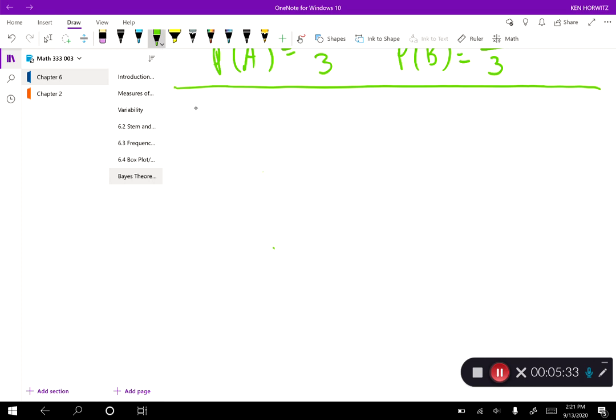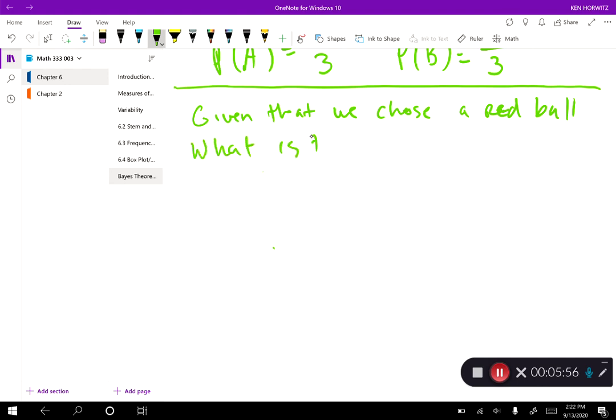So with Bayes' theorem, let's say we wanted, given that we've chosen a red, what is the probability that we chose from cup B?